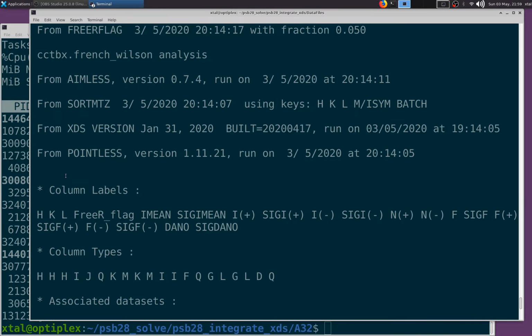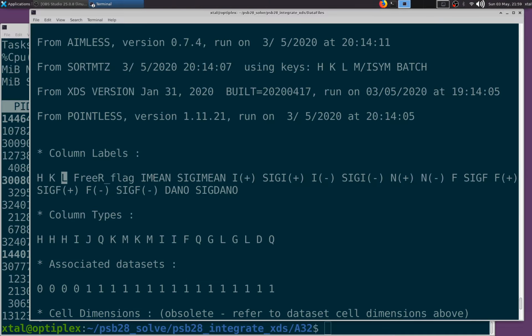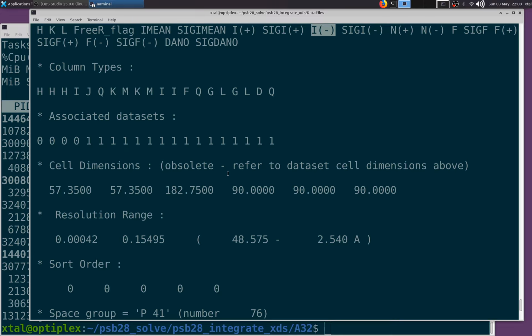So we have HKL, which is our reciprocal space coordinate. We have I mean and sig I mean, which is the intensity and the error on the intensity. F and sig F, where F is the square root of the intensity, and Dano, which is the anomalous difference and the error on that, and then the I plus and I minus are the positive and negative Friedel pairs, which we won't worry about right now.